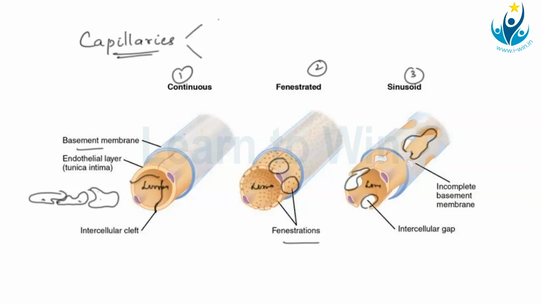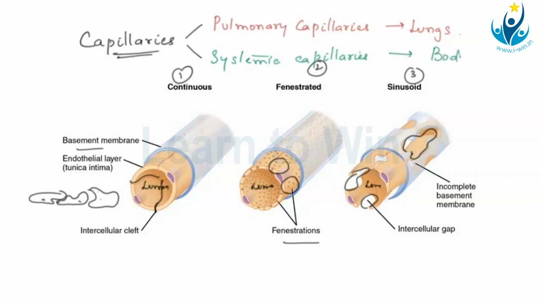Functioning-wise, you have two major types: the pulmonary capillaries, which are formed in the lungs, and the systemic capillaries, which are present in various body parts, including both organs and tissues.